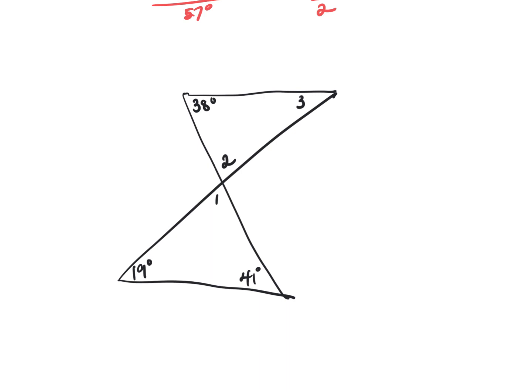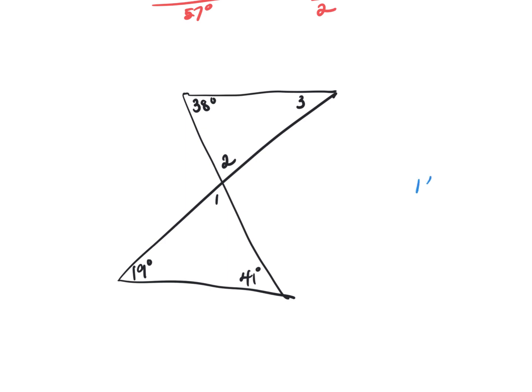Okay, now it's your turn. Take a look at this example here and see if you can solve for the measures of angles 1, 2, and 3. Okay, so first we're going to want to solve number 1 first, because in this bottom triangle I have 2 of my angle measures, so I can easily solve for the missing angle.